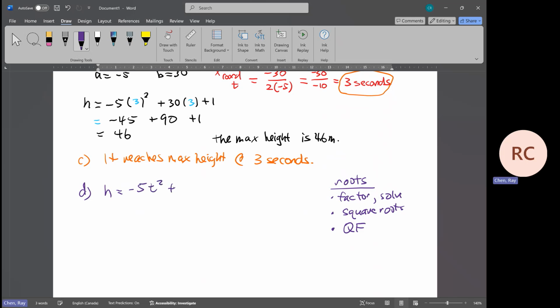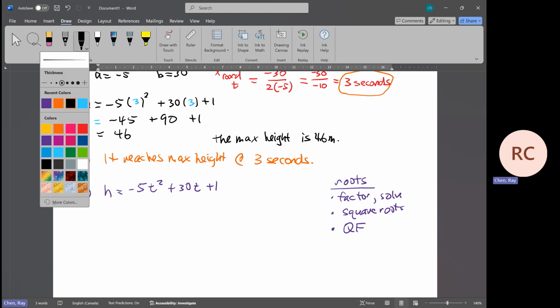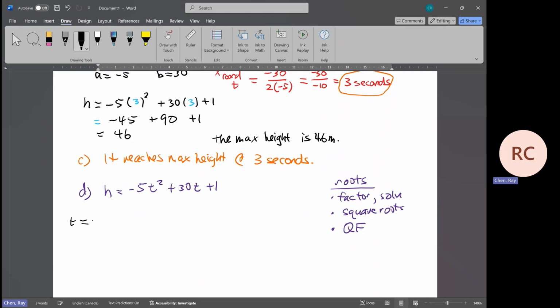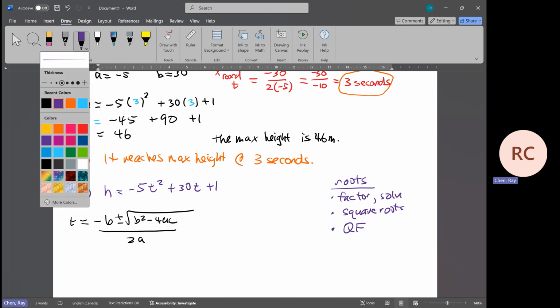We need to find this by using the quadratic formula. Pause the video if you want, but just to help everyone out, I'm going to write it on the screen. The t value is equal to negative b plus or minus the square root of b squared minus 4ac all over 2a.